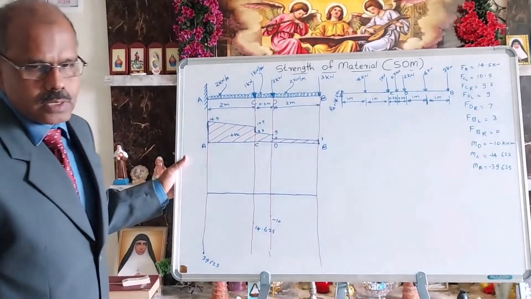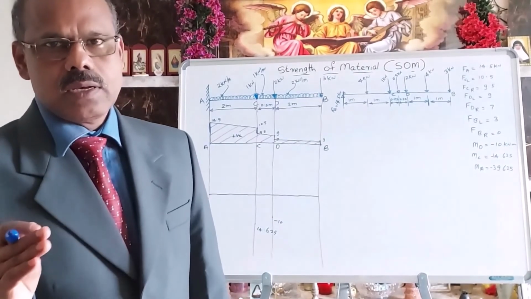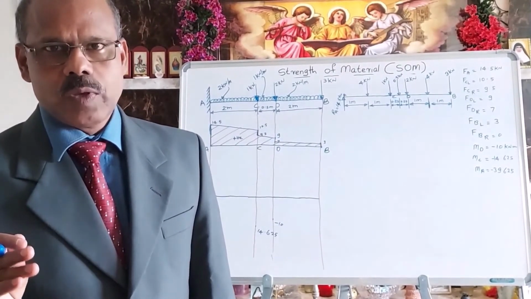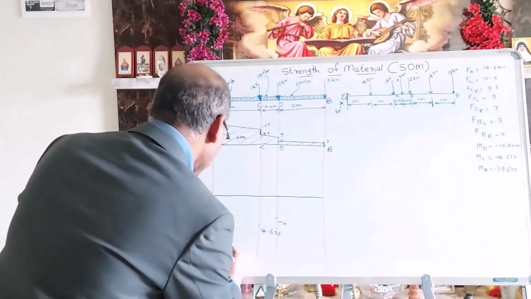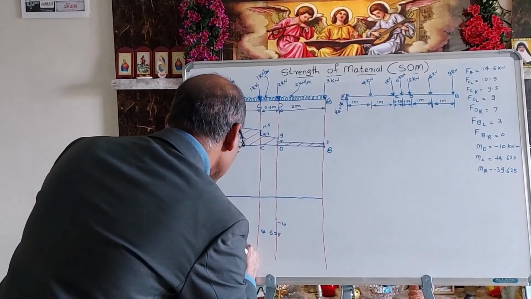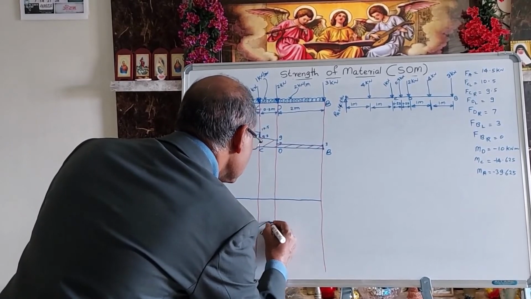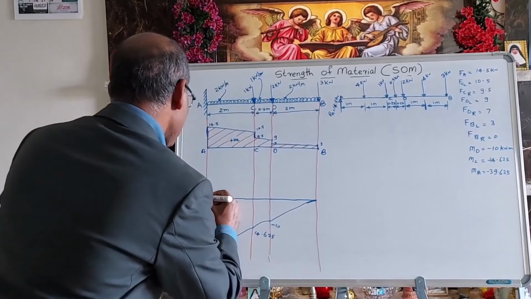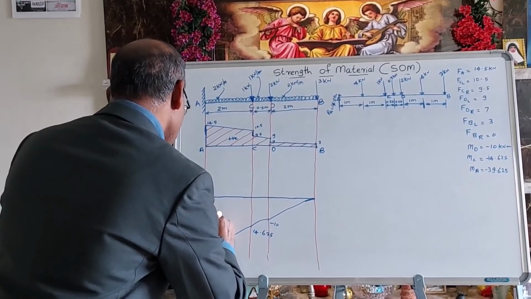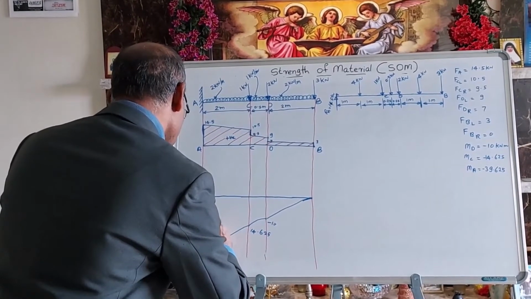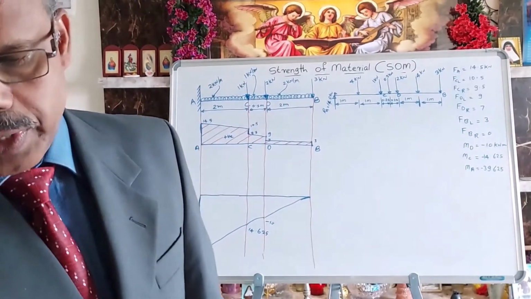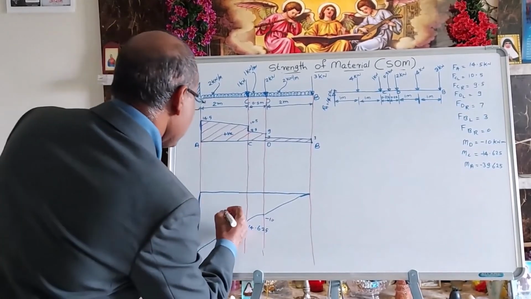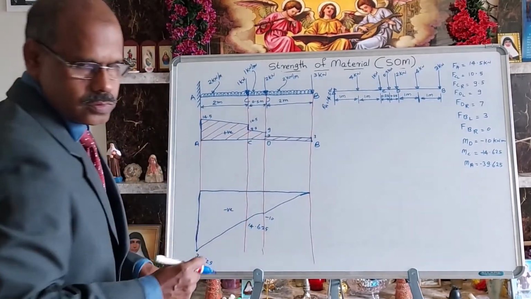Since we have a uniformly distributed load, the diagram of bending moment will be parabolic. So this will be the bending moment diagram. Here also, since everything is negative, you can write over here that it is negative.